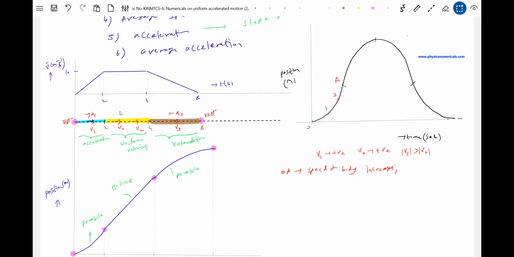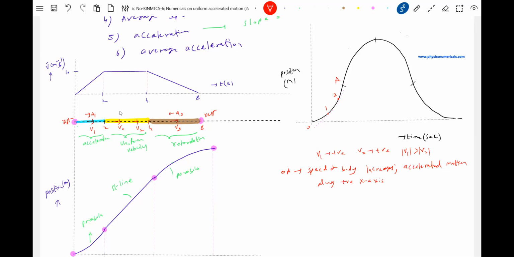Speed of body increases. So from O to A, the speed of the body increases. So what is the type of motion? Accelerated motion along positive x-axis. The body is moving along positive x-axis and speed is increasing.